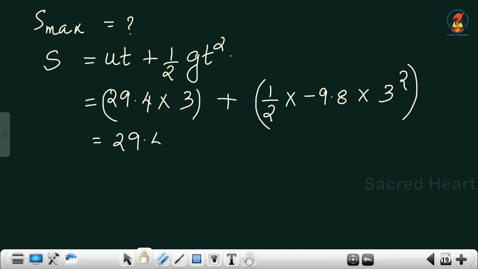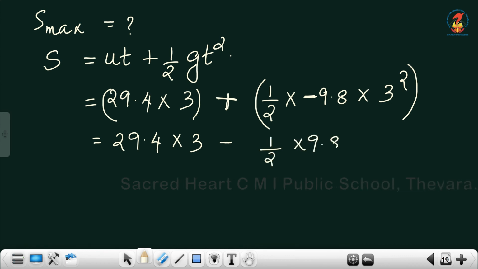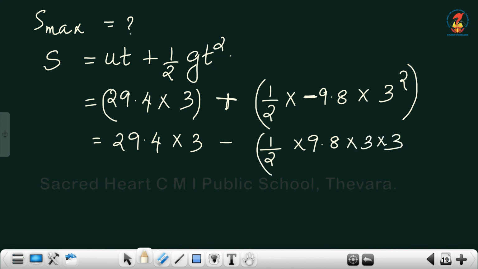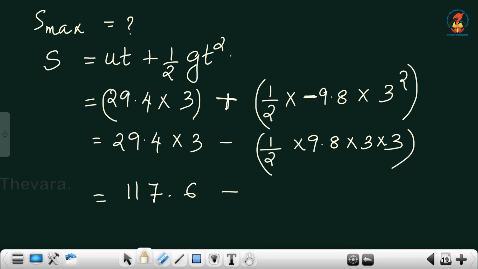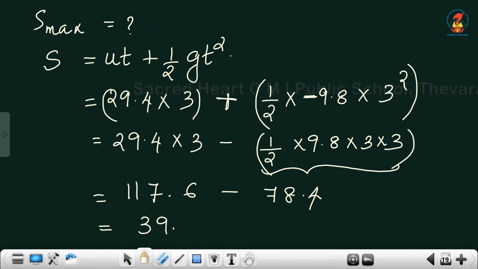That is 29.4 into 3 minus half into 9.8 into 3 into 3. 29.4 into 3 is 117.6, minus the second term, 44.1.